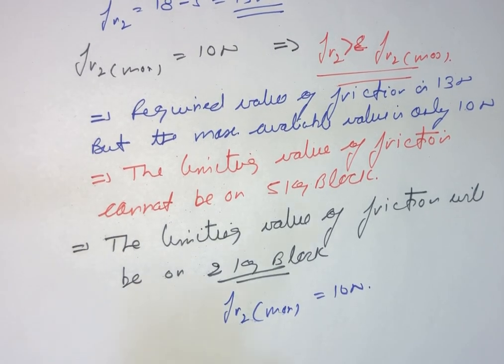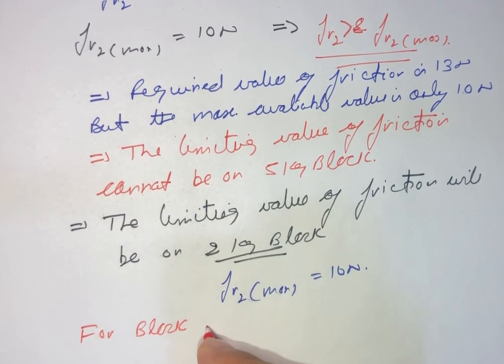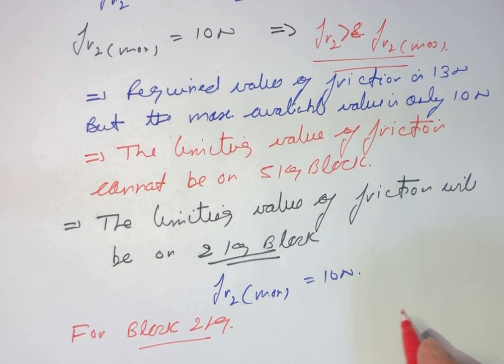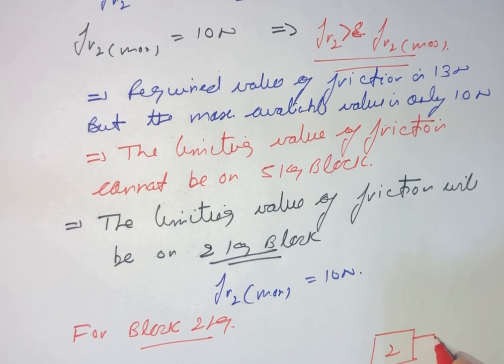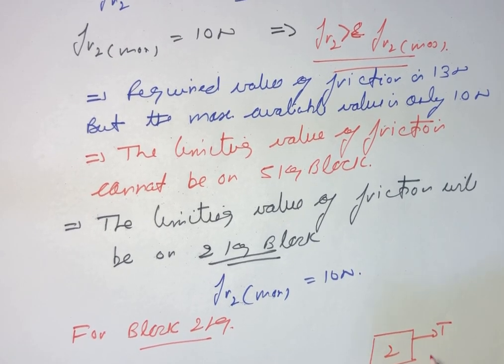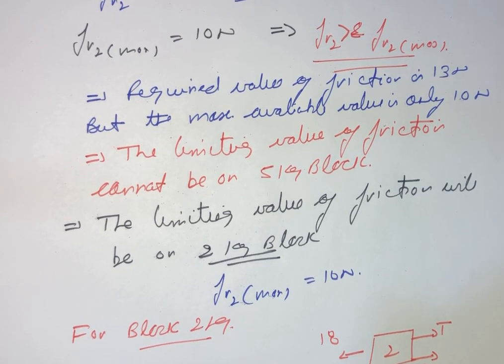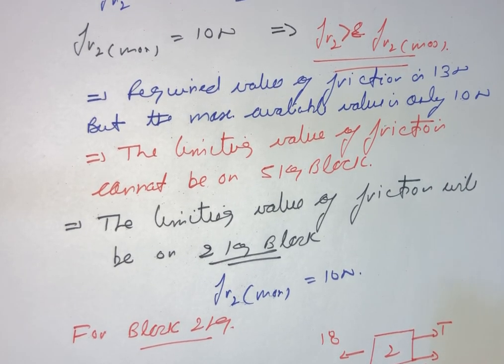So we draw, for block 2 kg, here this is 2 kg, we have a tension T, and we have a force of 18, and in this direction we have FR2 max, whose value is nothing but 10 Newton.